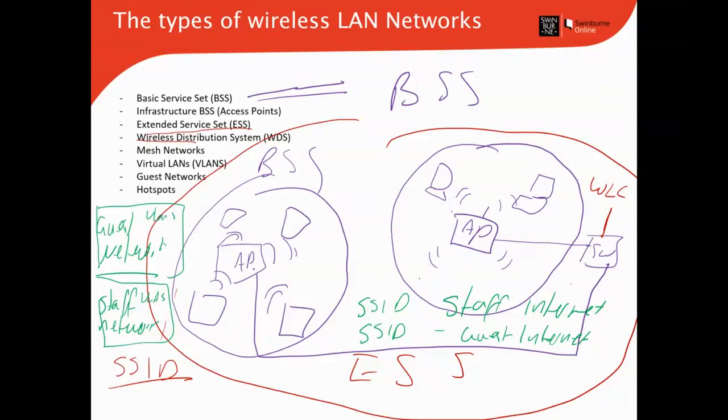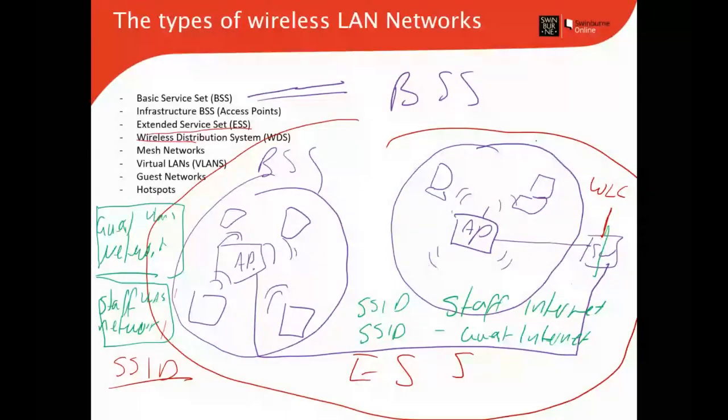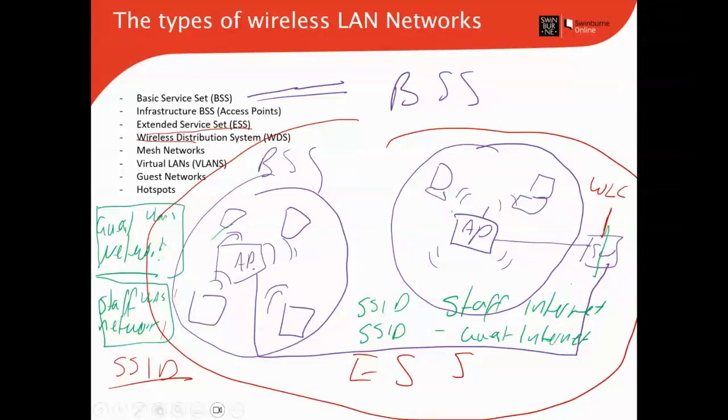So we log on to either one that we're entitled to. Once we access the SSID that belongs to us, in our switch we have our different VLANs. So we'll have a VLAN for staff, a VLAN for guest, and we can separate it. So if a hacker comes in and logs in through the guest network, they cannot interfere with the staff network because they're separated by a VLAN.